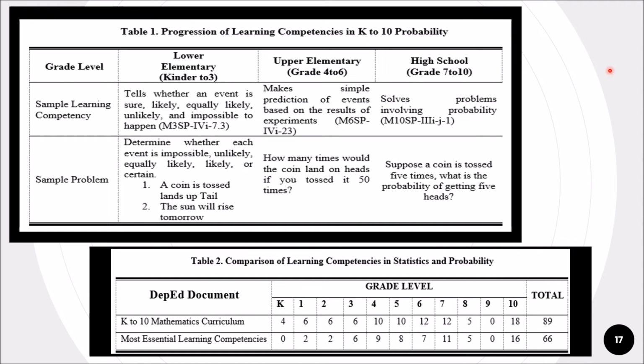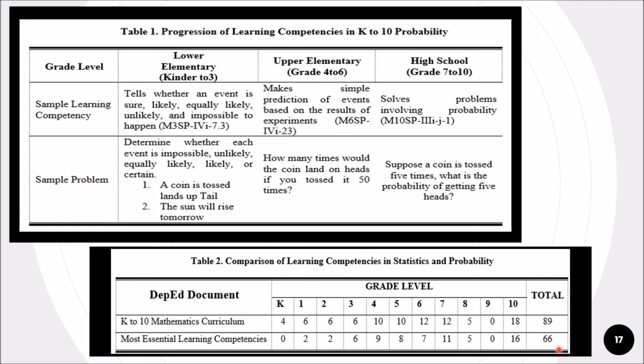It highlights that the competencies from kindergarten and grades 1 to 4, 5, 6, 7, and 10 were reduced, while in grades 3, 8, and 9 retained. From 89 competencies in the K-10 mathematics curriculum, narrowed down into 66 competencies in the most essential learning competencies.